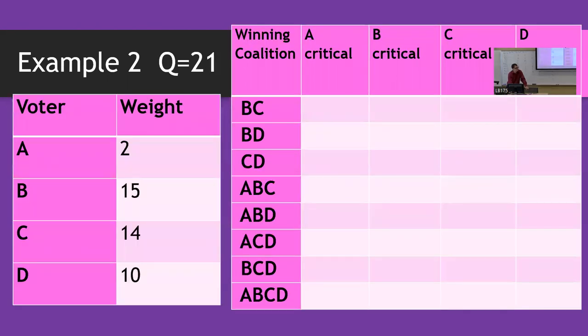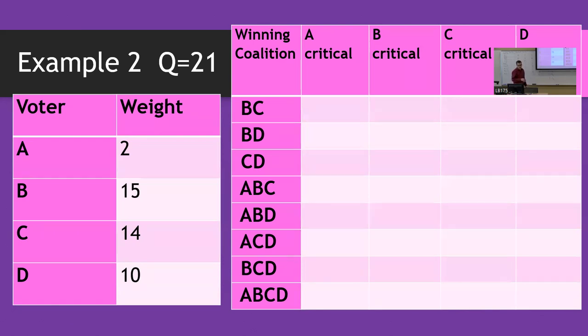So that's what I usually do. I usually list out all of the winning coalitions and I make a table. And then I decide whether each of these voters are critical or not. The hardest part about this is making sure you don't miss any of the winning coalitions. Because obviously if I miss CD as a winning coalition, then all of my numbers get thrown off at the end.